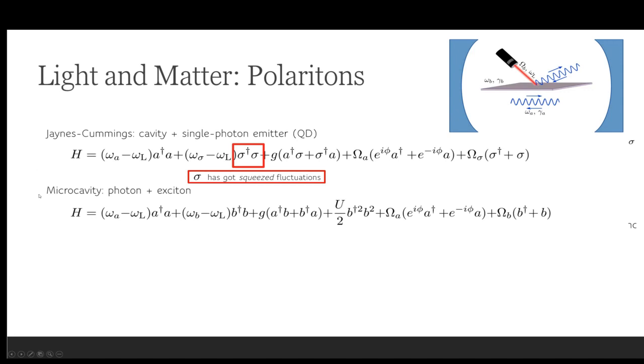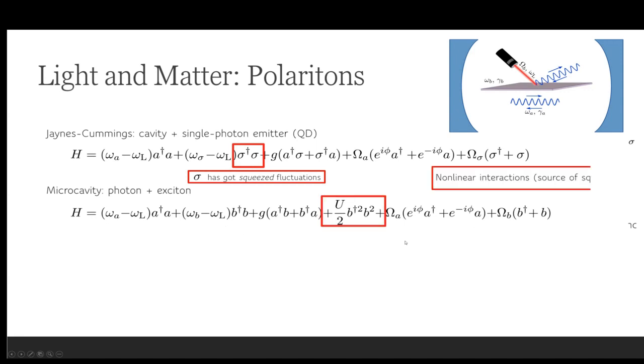Something similar occurs with a semiconductor microcavity, and in this case, what we need to add to have this source of squeezing is some nonlinear interaction between the excitons.